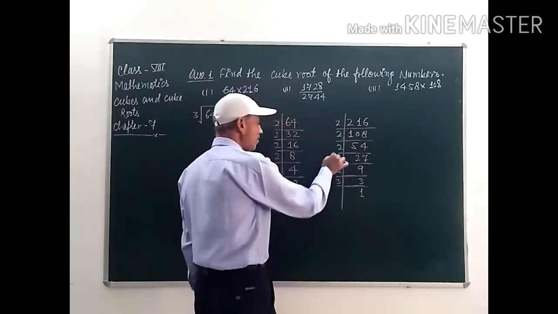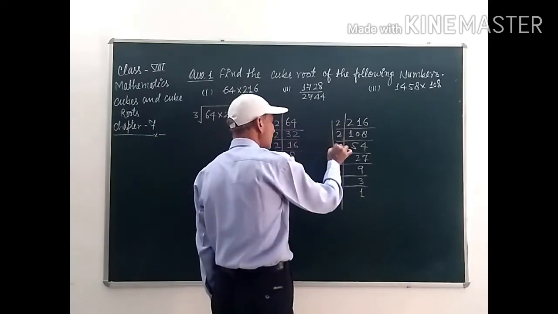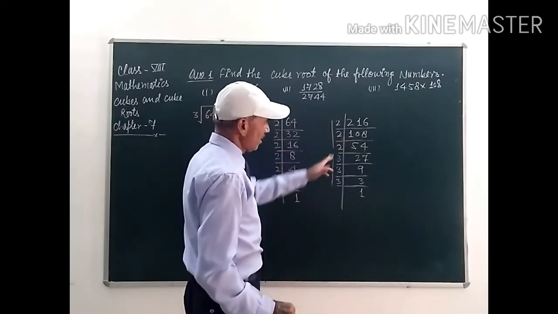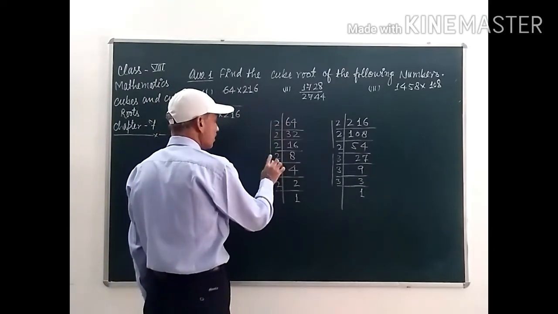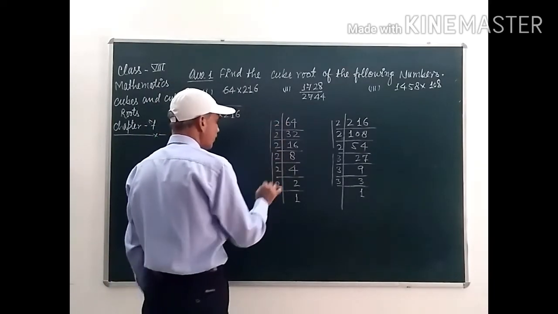Okay, so the prime factors of 216 are these, and the prime factors of 64 are these ones.